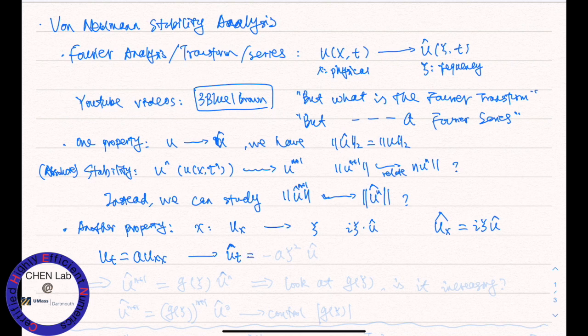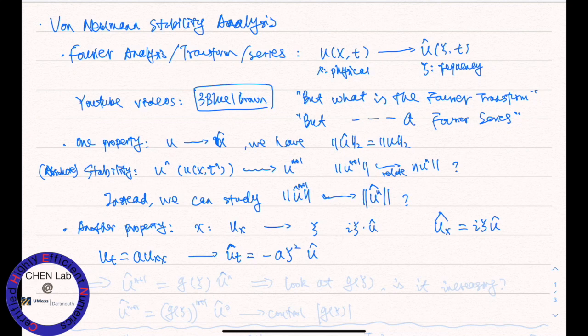You multiply by i c twice, you get i squared is negative 1, c squared is c squared. So it's negative A c squared u hat. This, by the way, is a very simple ODE, which you can easily solve. And the idea in PDE is then you transform it back through the inverse Fourier transform, and you get your u.